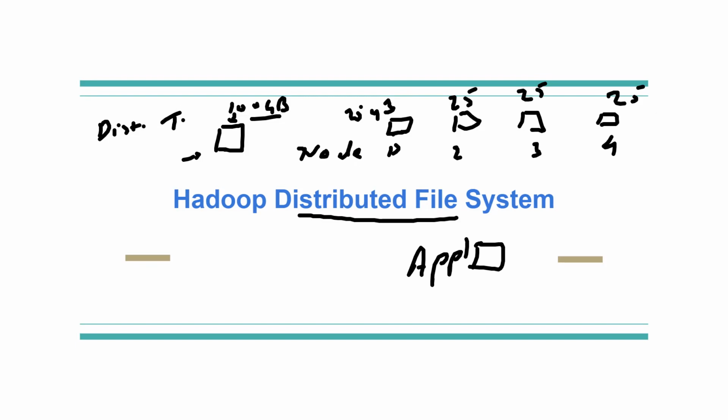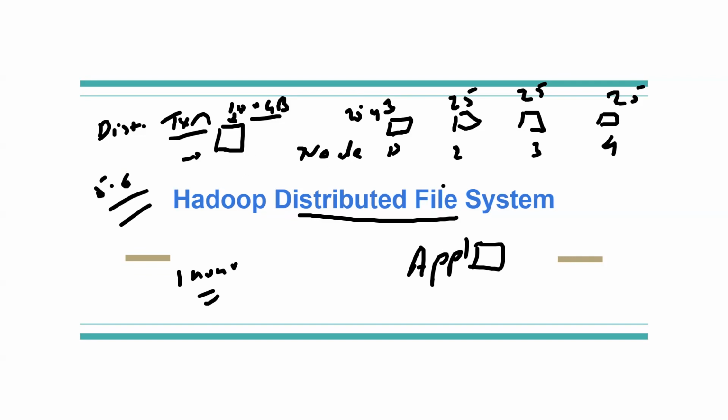Let's say it is transaction data, and I want to process it in parallel so that we can complete the task in a timely manner. Let's say my SLA is 1 hour, and I want to complete this processing in 1 hour. If I go with a single node architecture, it might take 5-6 hours to complete this job.